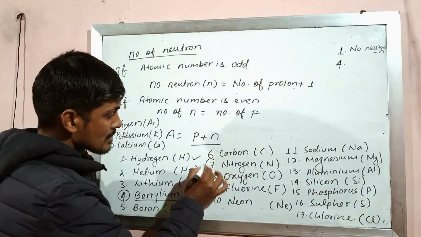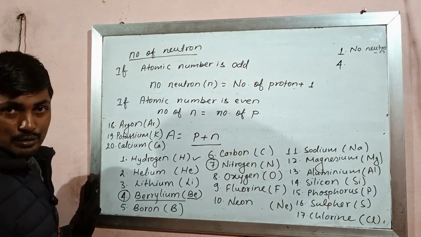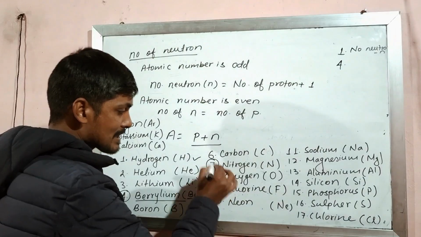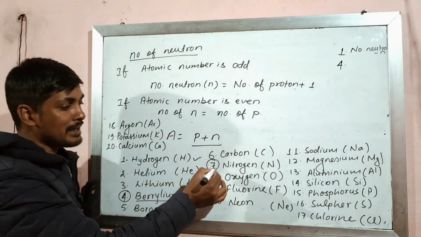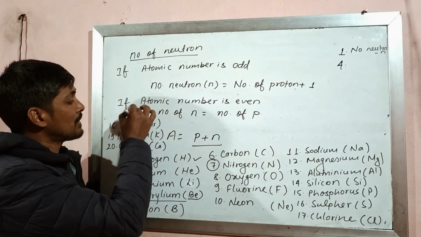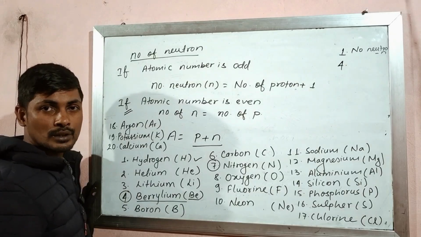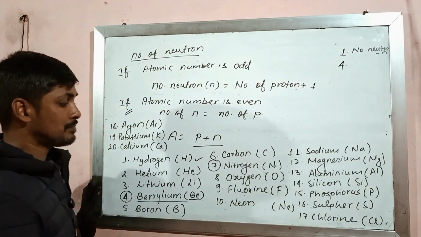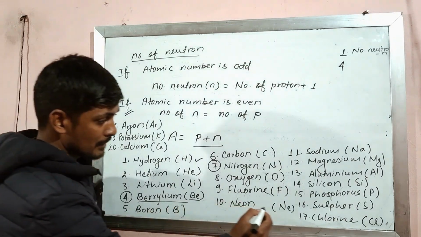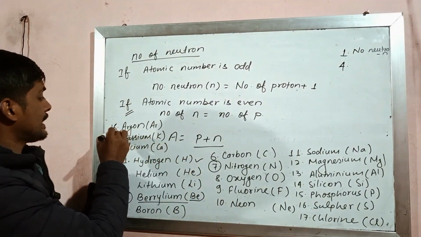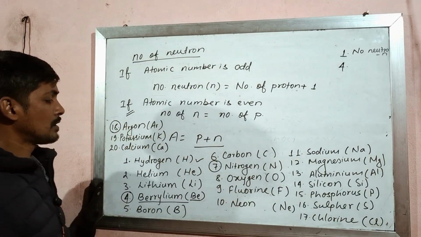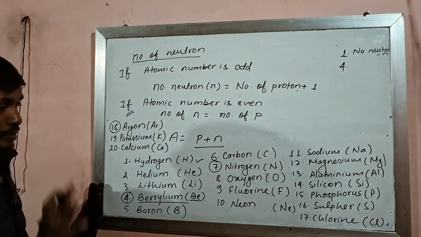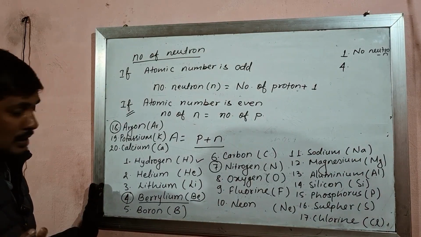After that, 7 number, nitrogen. It is odd number, but we apply in nitrogen this even number rule. Okay, and then another we have number 18, where this rule is not applicable.